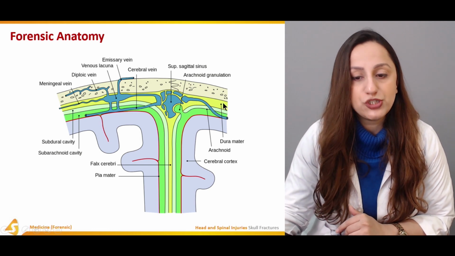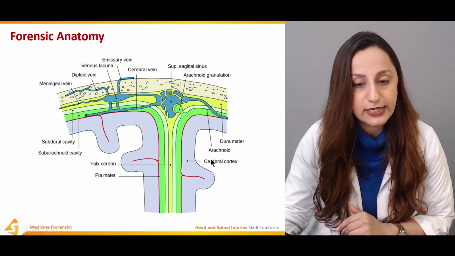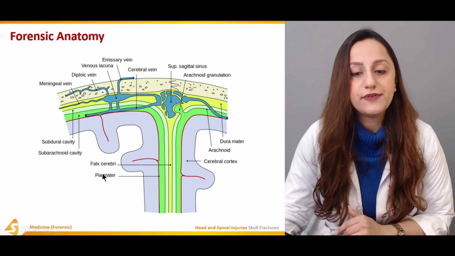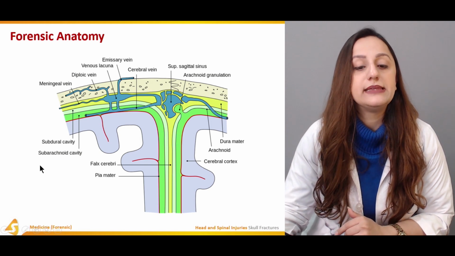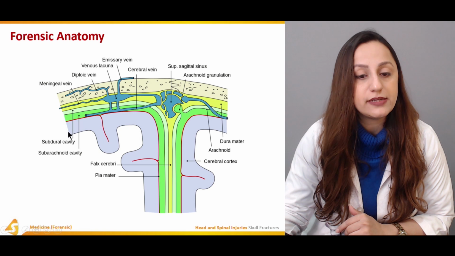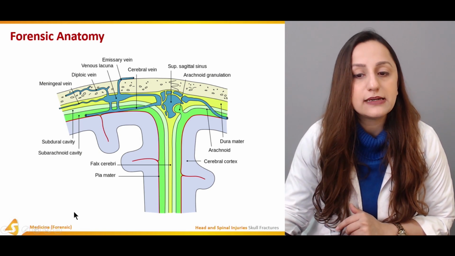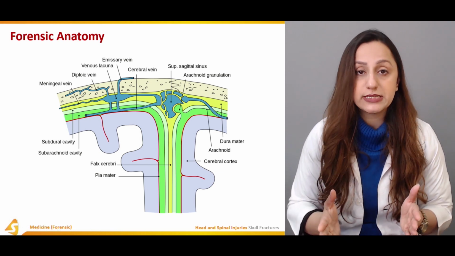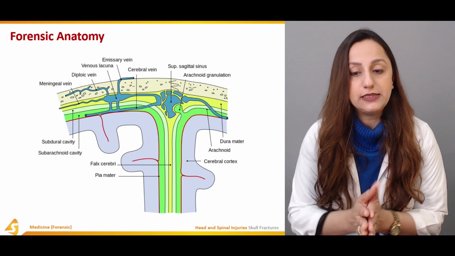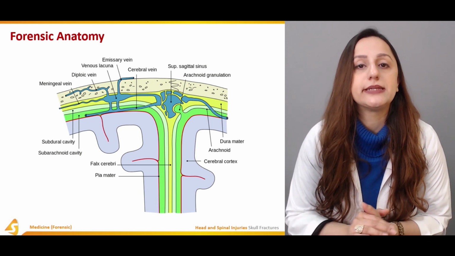Starting off, we have the dura mater, then we have the arachnoid, and then we have the cerebral cortex over here. Over here, we have the pia mater, the falx cerebri lies in between, then we have the subarachnoid cavity over here and the subdural cavity, which is lying over here. So this is a diagram showing all the venous structures which are a part of the skull, and the arachnoid, the dura mater, and the cerebral cortex.